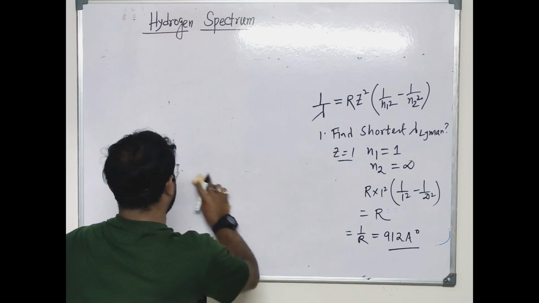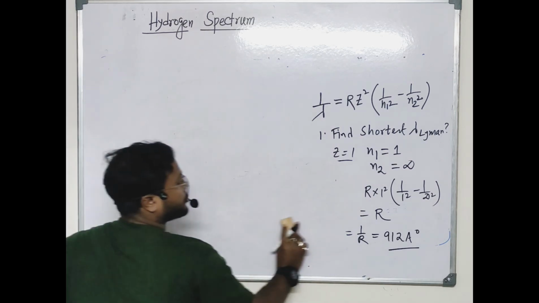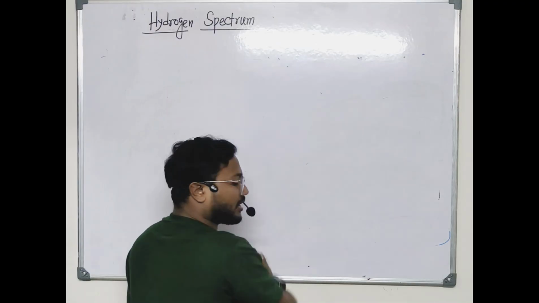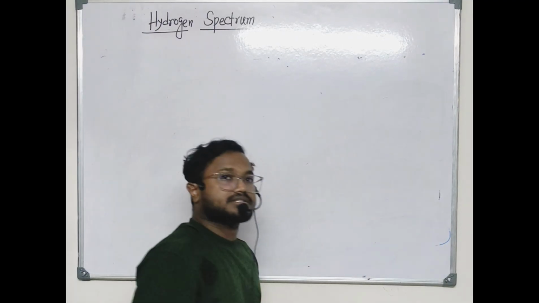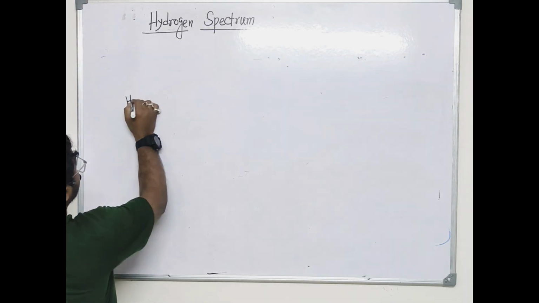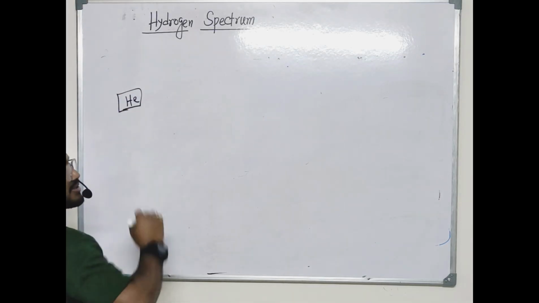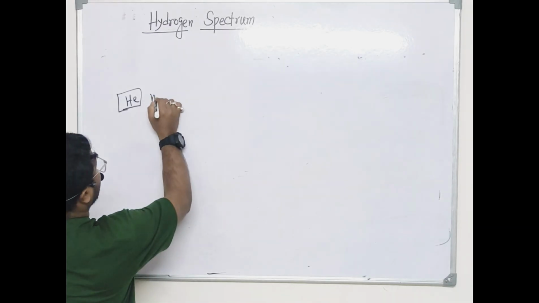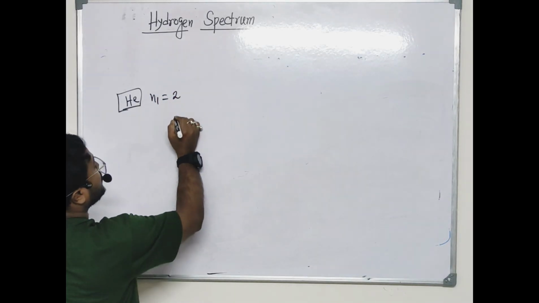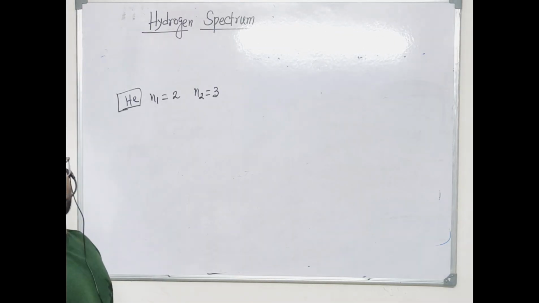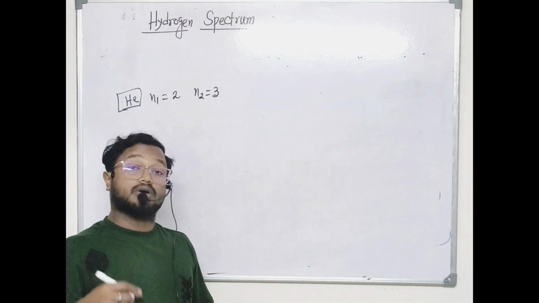Third type of format for some mathematical questions. Third format is, for example, they have told you, let us consider I am taking one wavelength of helium. For helium I am taking certain highest and lowest spectral lines. In this case given n1 value equal to 2 and n2 value is equal to 3. It is equal to which wavelength of hydrogen line?